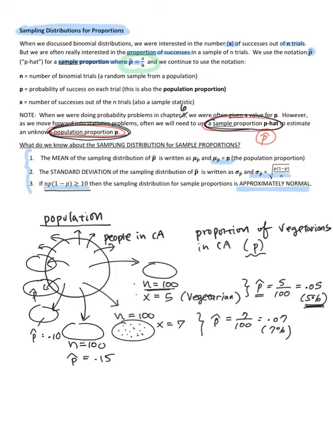Maybe this one p hat is 0.05 again, and all that. So you collect a bunch of samples, calculate p hat for each one, and you end up getting a bunch of p hats.